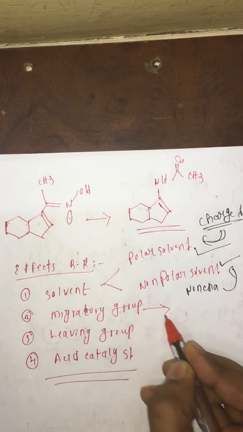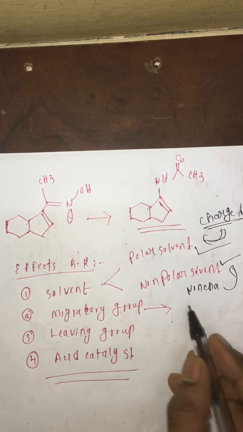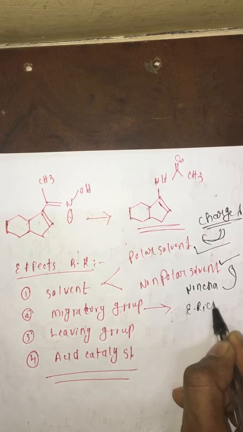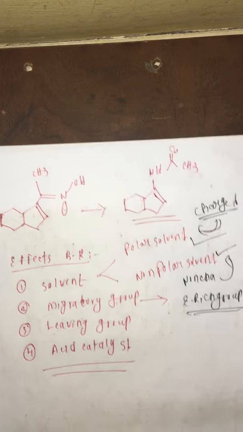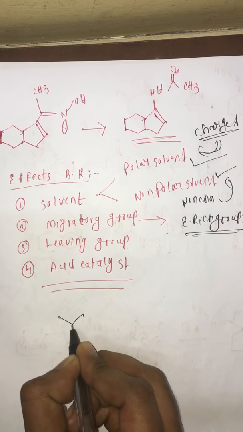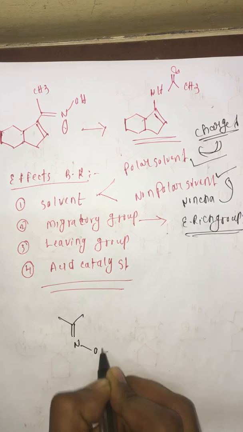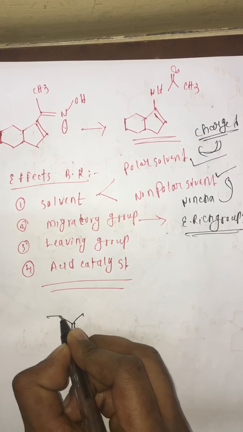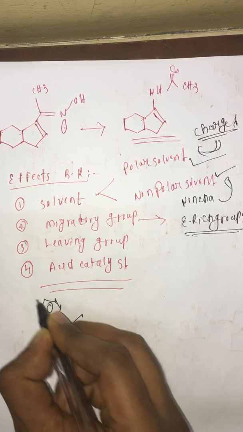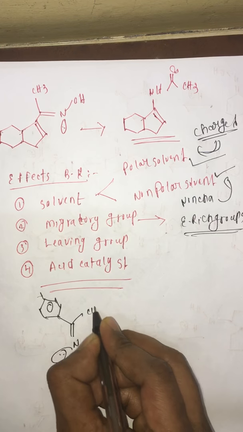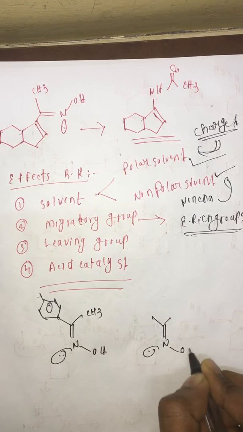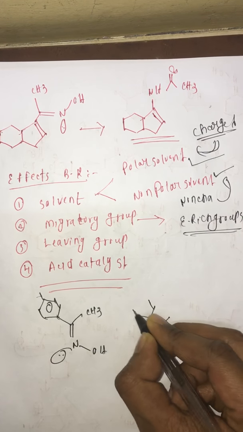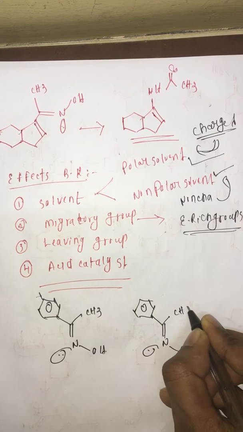Next, migratory group. As we know, electron-rich groups will migrate faster. Here we have two examples. Here we have a toluene group and a methyl group, and similarly OH. Here we have a phenyl group and CH3.